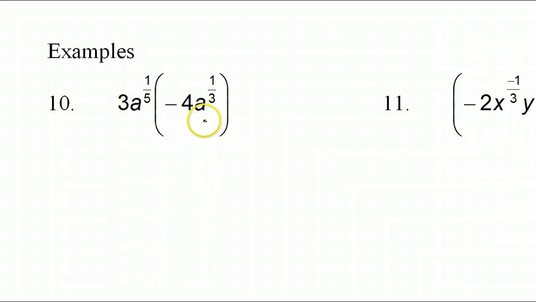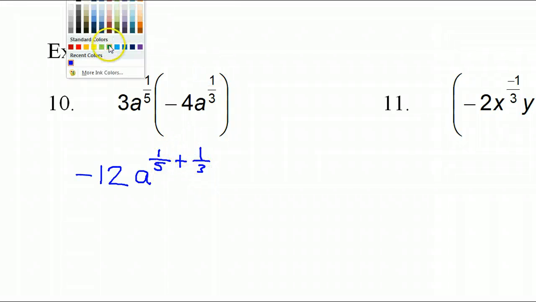So on this problem, we've got some multiplying to do. I have 3 times -4, so clearly that's going to be -12. Now, when I go to multiply the a's, when you have like bases, you add the exponents. So what I'm doing here is 1/5 plus 1/3.